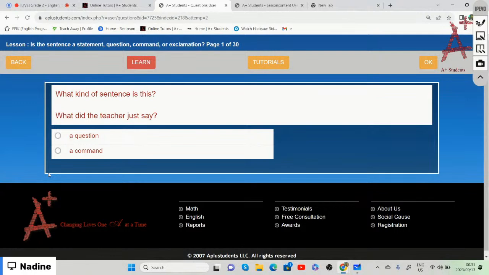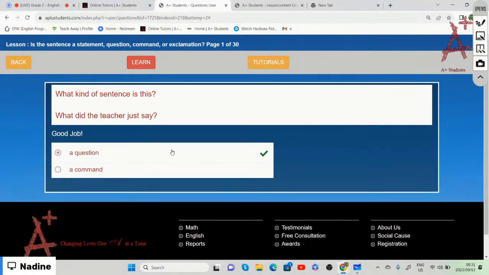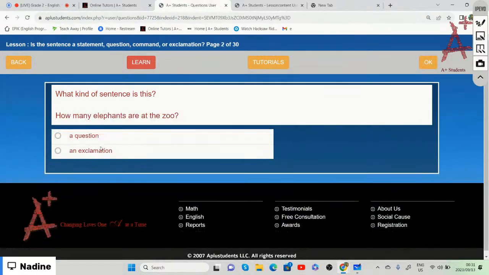Does it mean that this sentence is a question or a command? If we choose the correct type of sentence, we will say this is a question. And well done, a question is correct.